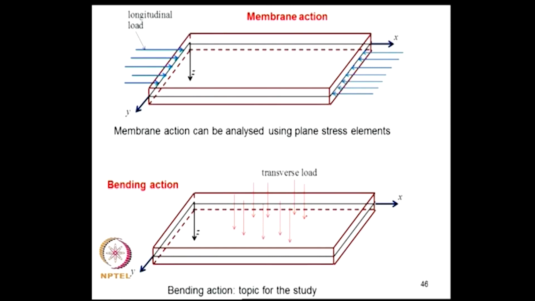Now, obviously there will be many questions about conformity and issues like that. So, when we combine, we have to ensure that the required desirable features are imparted into the built up element.